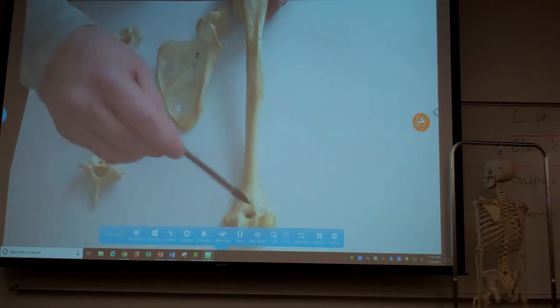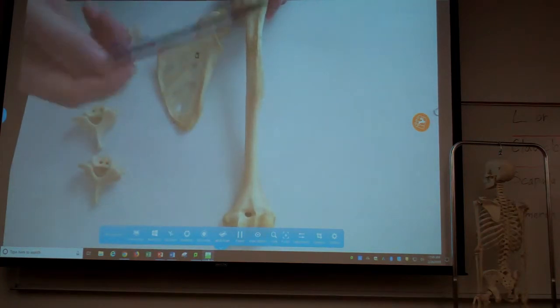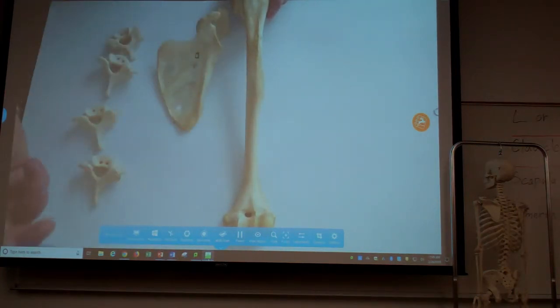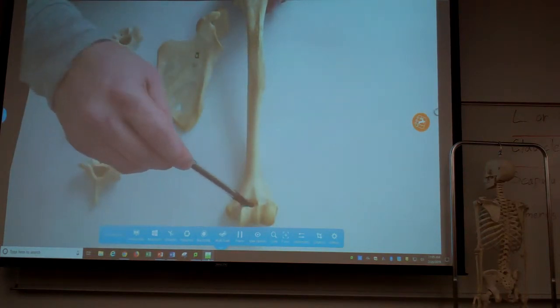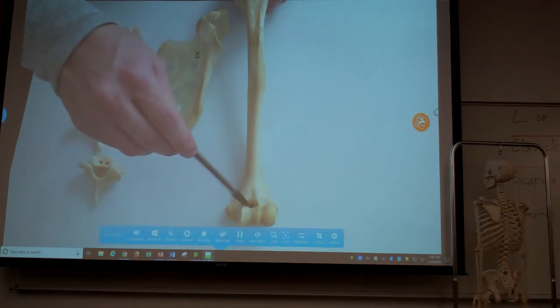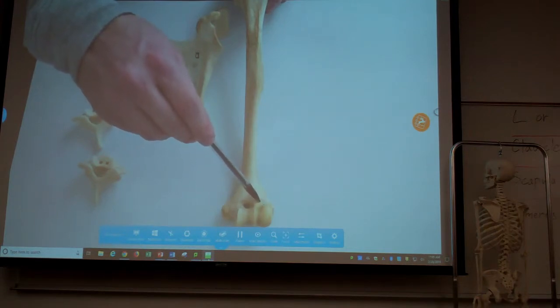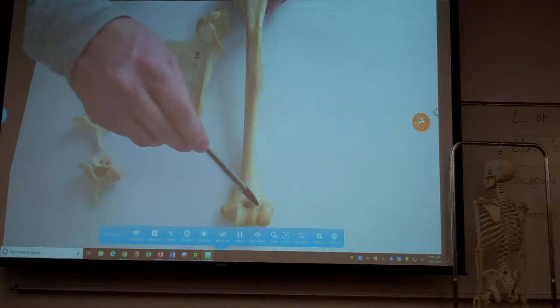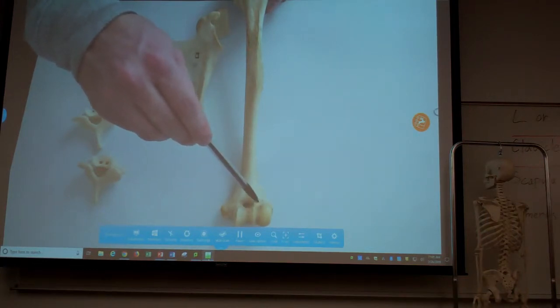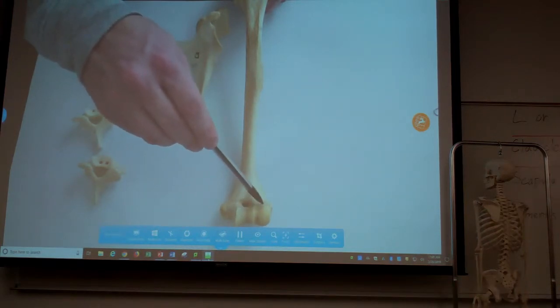It's called that because we've got a coronoid process on our ulna, one of the bones of our forearm, that goes right here. Slightly lateral, it's smaller. This is our radial fossa, which is where our radius pivots.